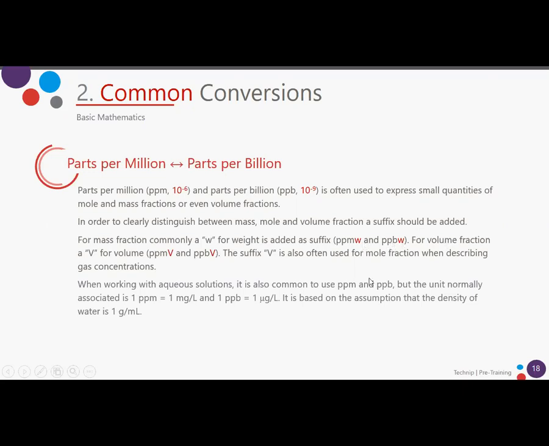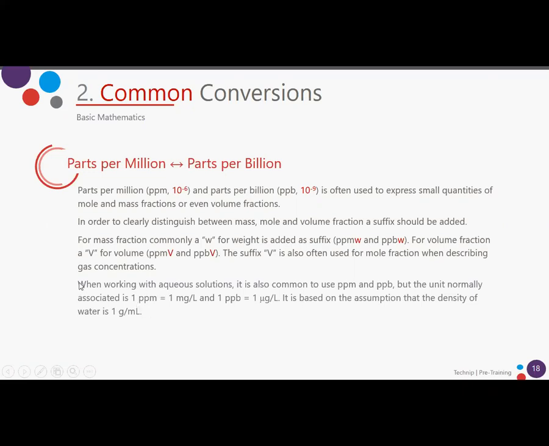For volume fractions, a V for volume is added, so we would have ppmv or ppbv. The suffix V is also often used for mole fractions when we describe gas concentrations, because for gases, mole and volume are equal.